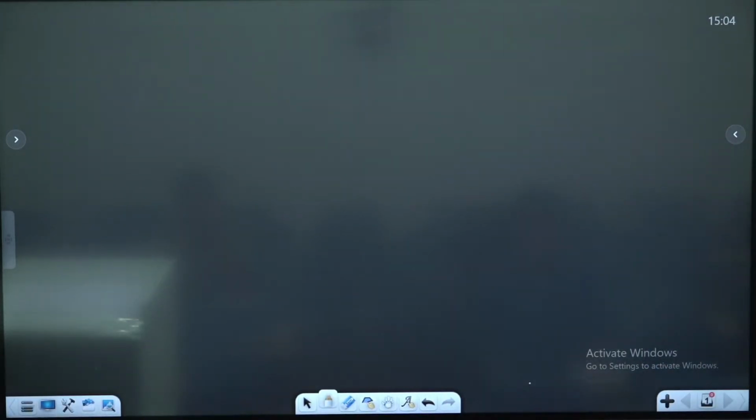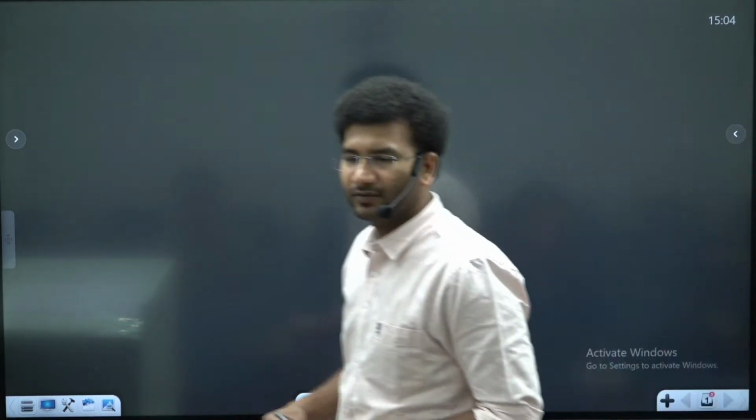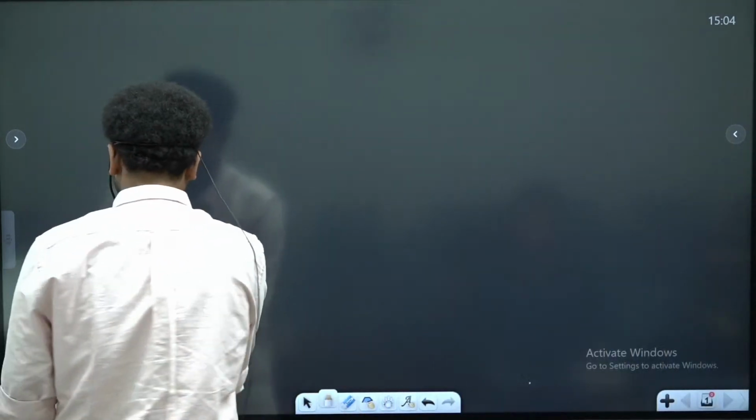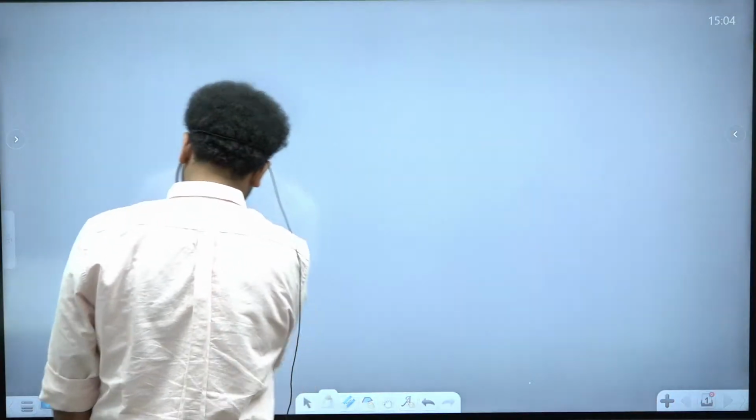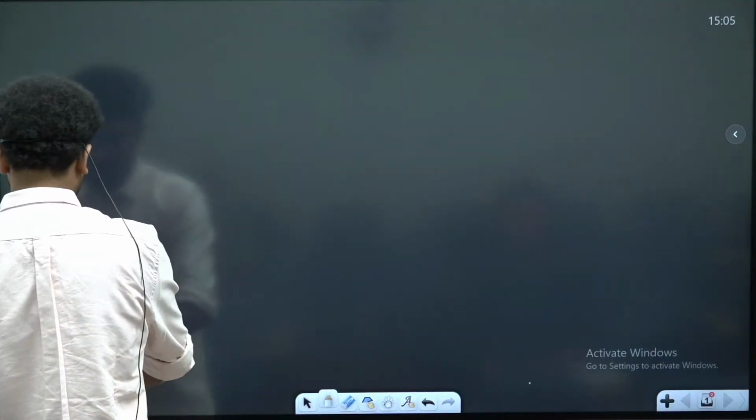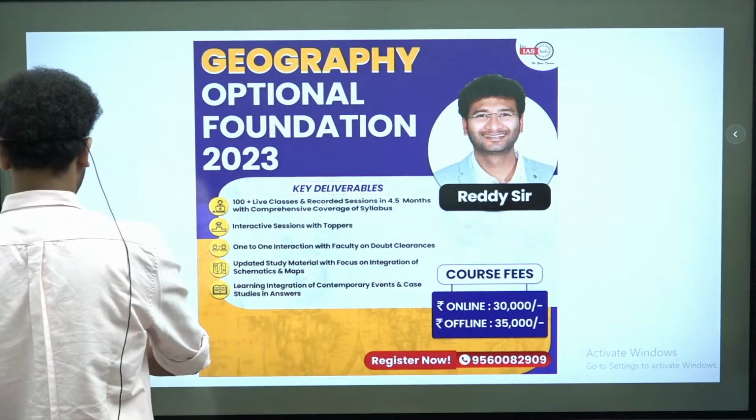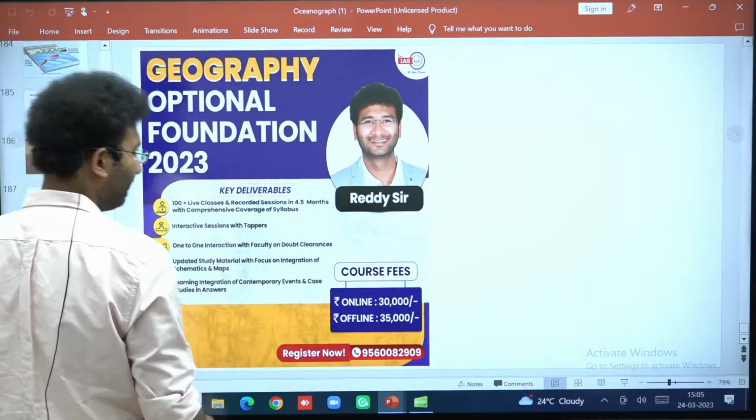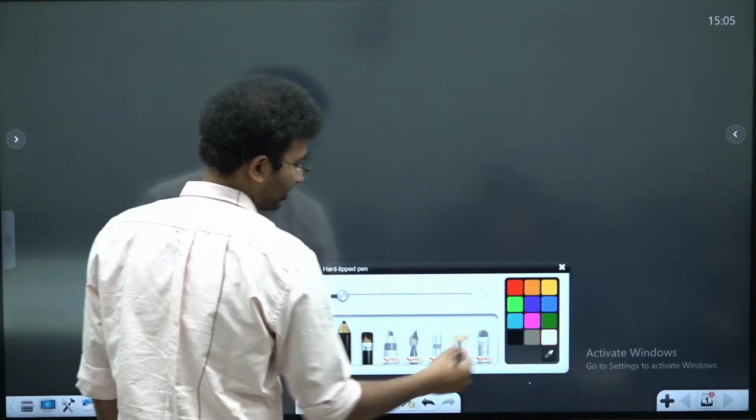And firstly, can you define me what is physiography before we start with this? Can you define me what is physiography? Division of land on the basis of its characteristics.